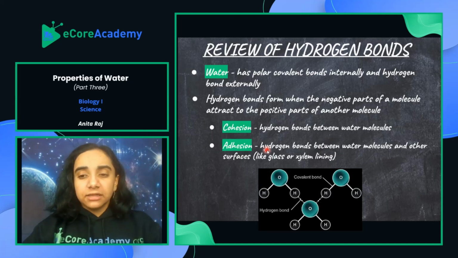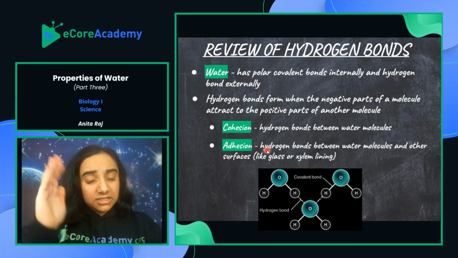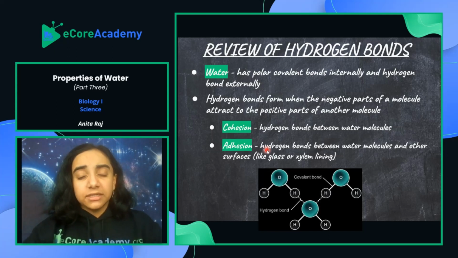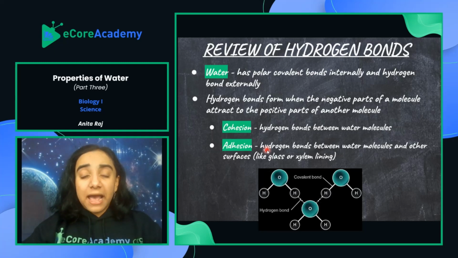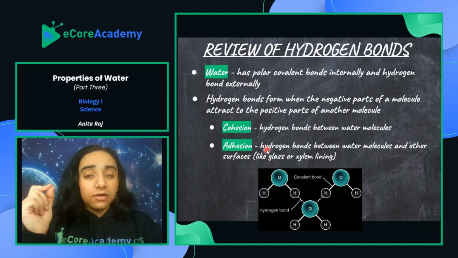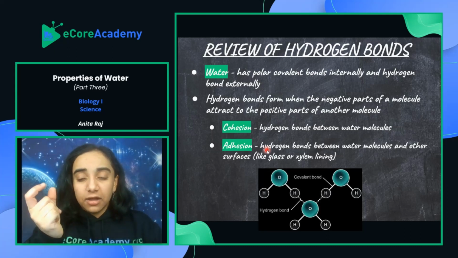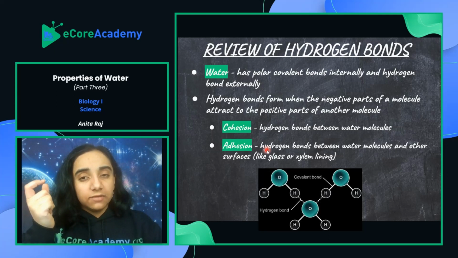And also along the xylem lining. If you don't remember what xylem are, they're like plant veins that transport water from the roots up against gravity into the stem and into the leaves. Because you're working against gravity, you're going to have another force that helps propel the water upwards, and that is going to be adhesion. Water molecules are attracted to the inner lining of the plant vein, so the inner lining of the xylem.